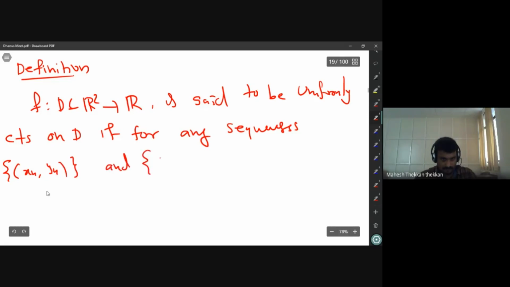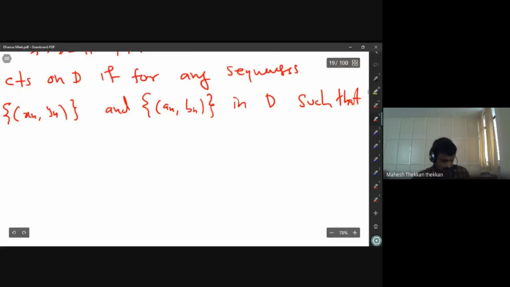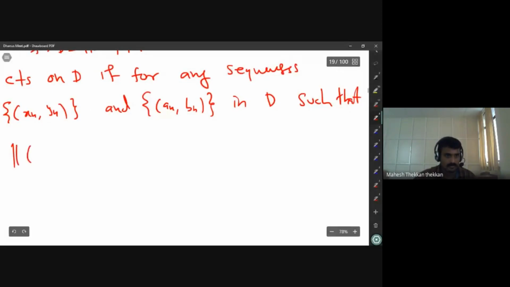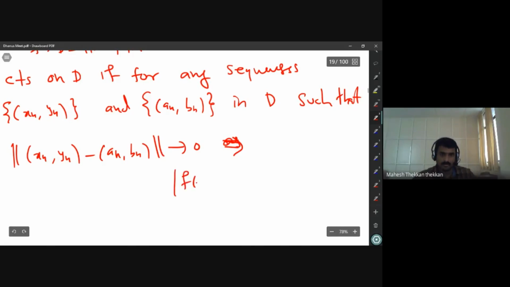the norm of (xn, yn) minus (an, bn) tends to 0 implies modulus of f of (xn, yn) minus f of (an, bn) tends to 0.